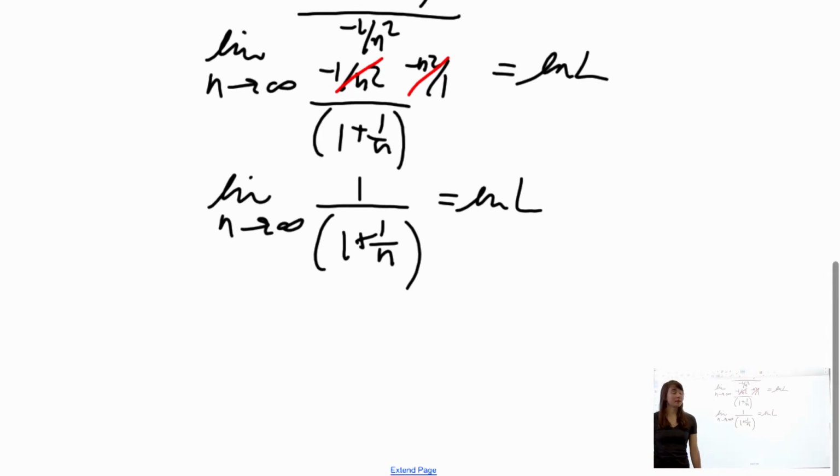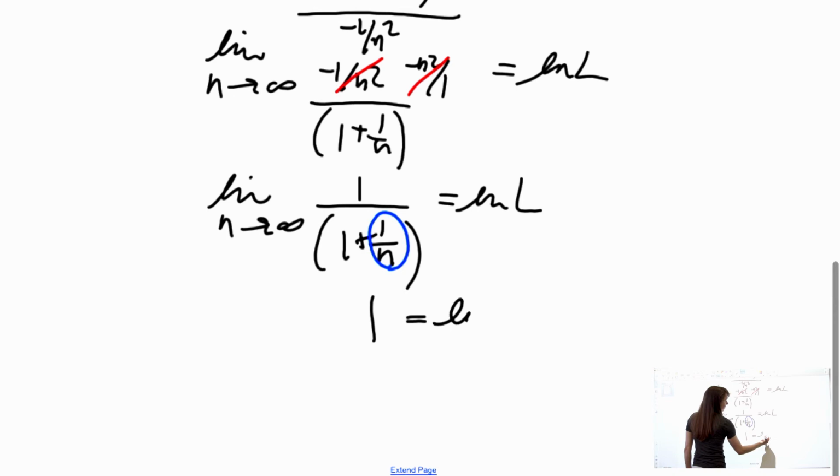So we can take this limit. If n goes to infinity, this term right here goes to 0, and then we just have 1 over 1. So now we have that this is 1, and that's equal to the natural log of L. So now we just have to get back L, because L is our limit.